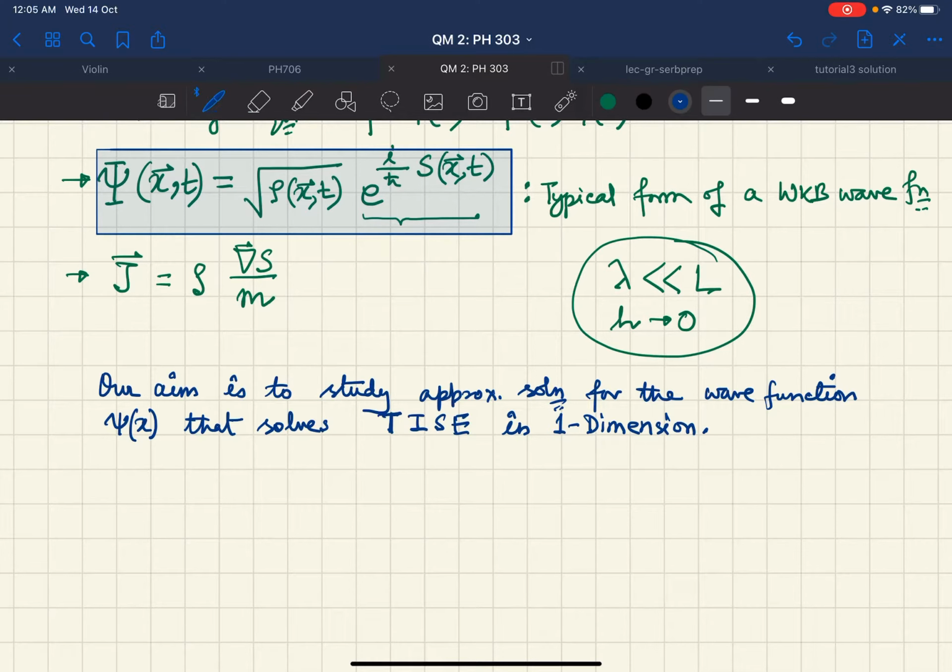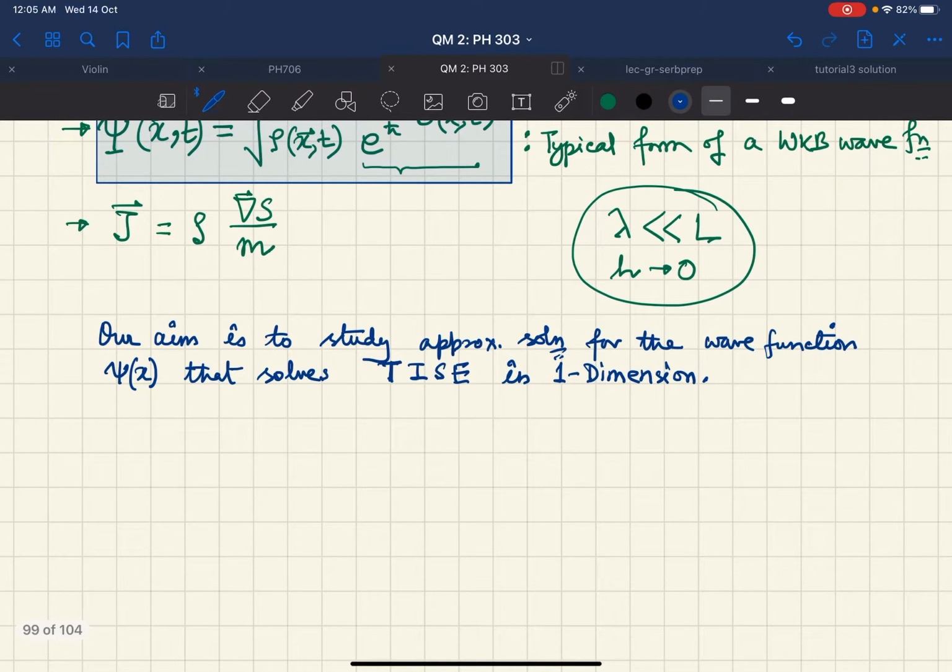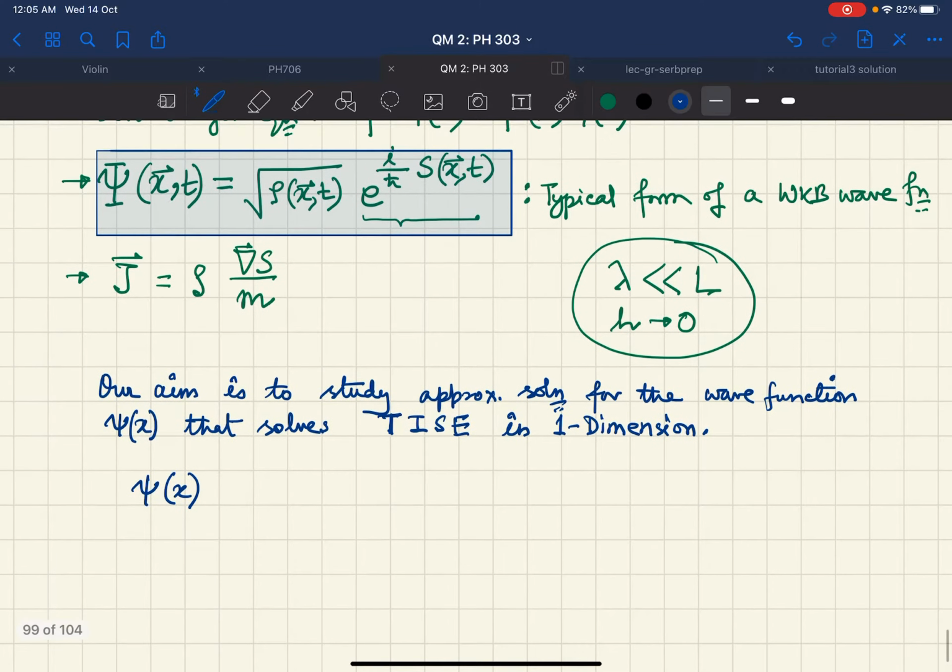So let me write before I explain this thing. Since I am writing the solution for the time independent Schrodinger equation, the time part, e to the power minus iEt by h bar, has been taken care of. So we are just looking at the psi wave function as a function of x only, and I am claiming that I can write it as e to the power i by h bar S as a function of x.